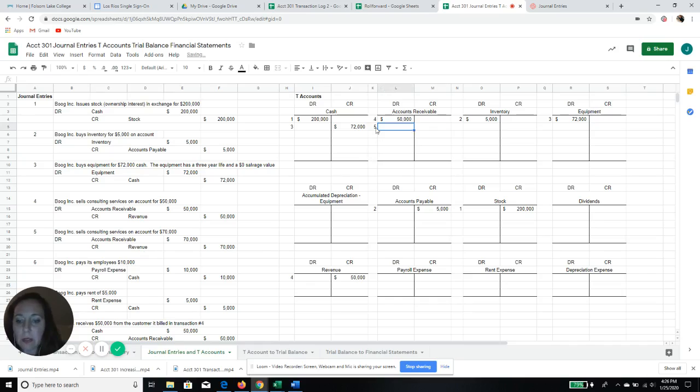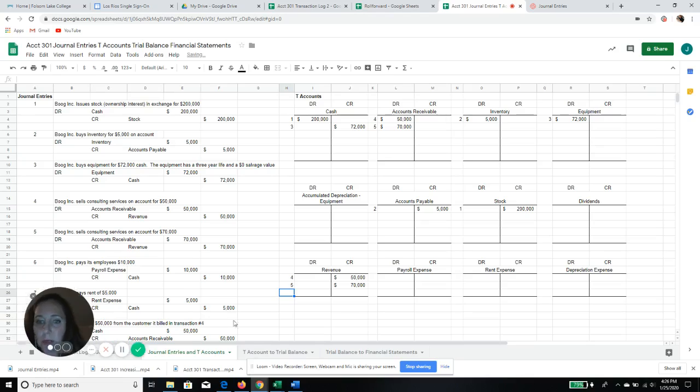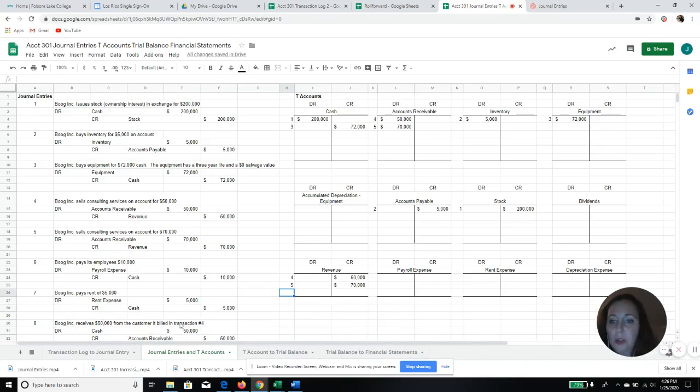So 5 is going to debit accounts receivable, and down here we're going to credit revenue. Okay, I'm going to move this over here. Transaction number 6, we are going to debit payroll expense and credit cash. So transaction number 6, we're going to debit payroll expense for $10,000, and we're going to credit cash for $10,000.